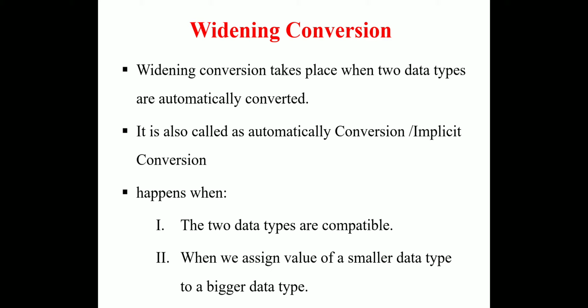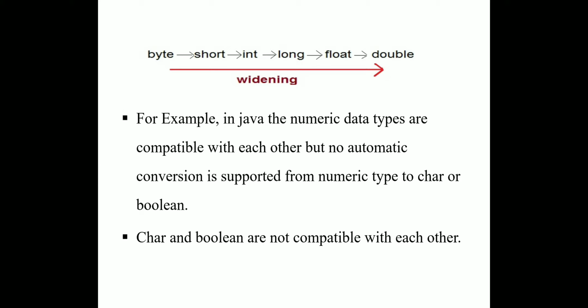It means only integer data types can adjust with integer data types. Character data type won't adjust with integer data type. It means a byte data type can be assigned or converted to short, int, long, float or double.